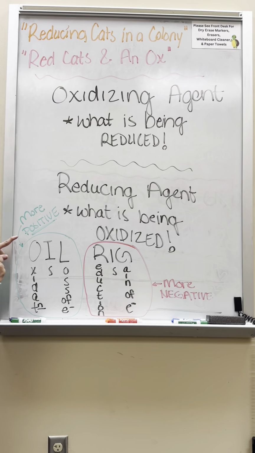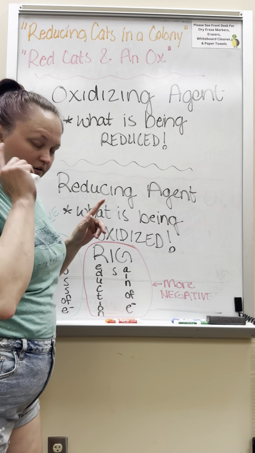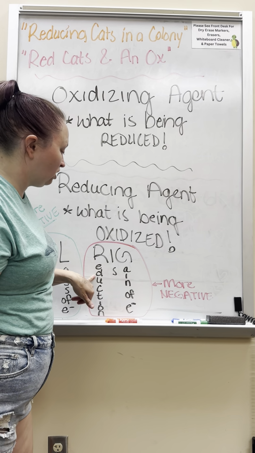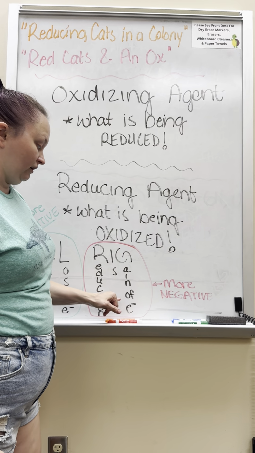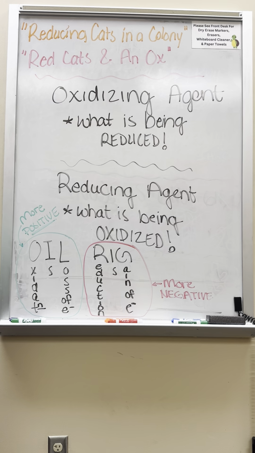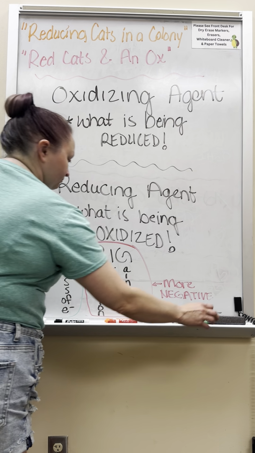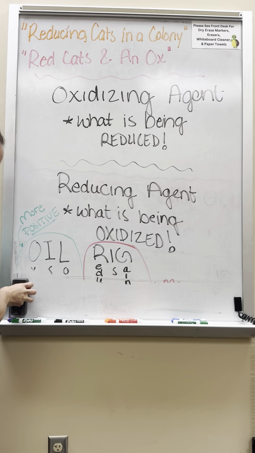So oxidation is becoming more positive through the loss of electrons. Reduction is a little more logical: it is becoming more negative through the gain of electrons. Okay, there's your little lesson on oxidation and reduction.